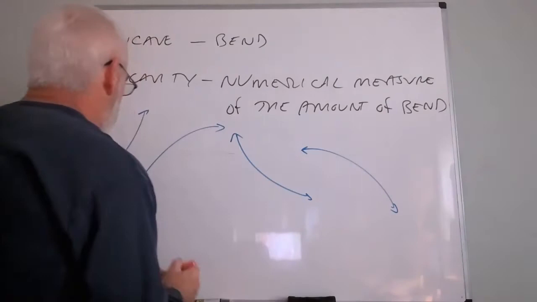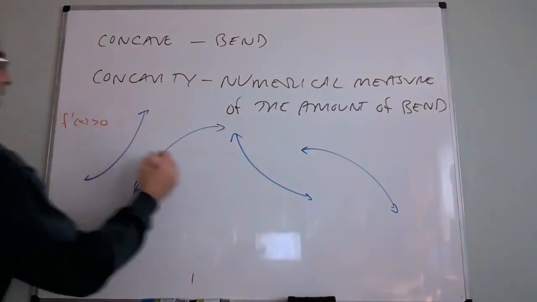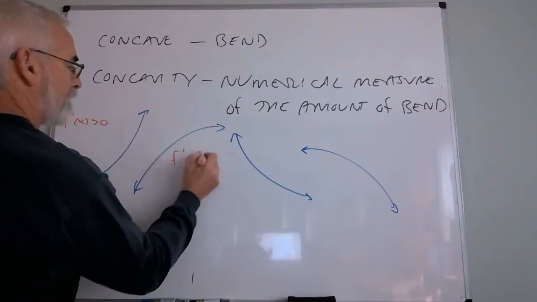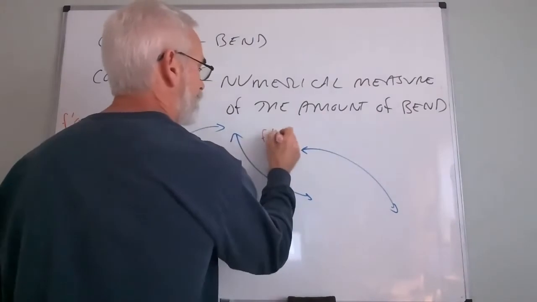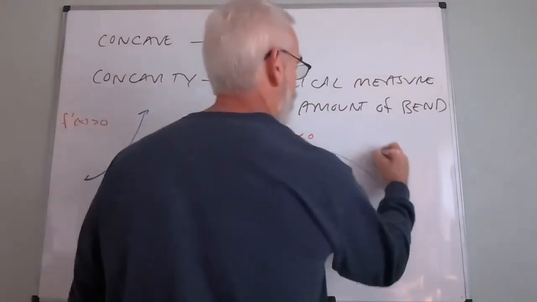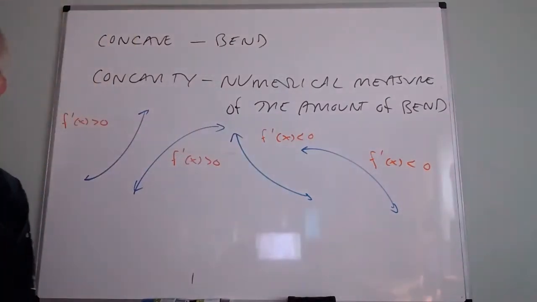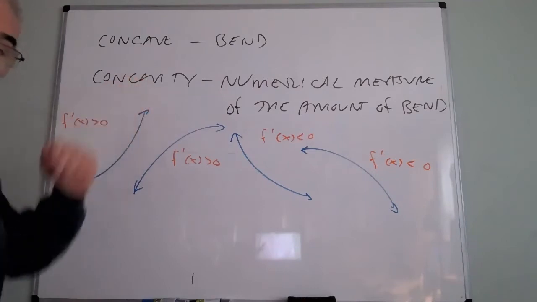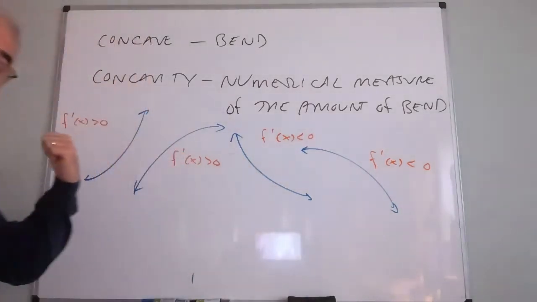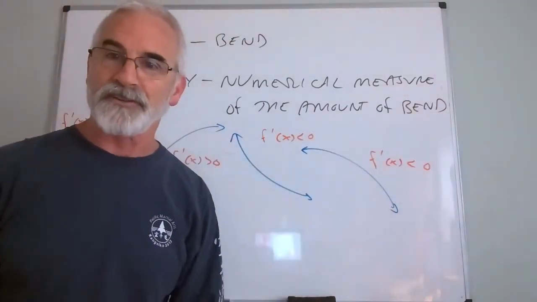In the first two cases, clearly, in both of these, the derivative is positive, isn't it? Because I'm going uphill. In both of these, the derivative is negative because I'm going downhill. But how I'm doing it: this is I'm going uphill and I'm going faster and faster and faster. So this would be like I got my foot on the gas pedal and I'm being launched into space here.